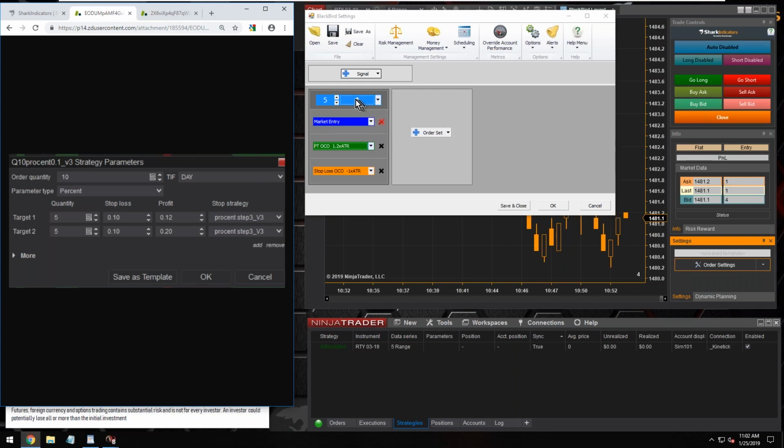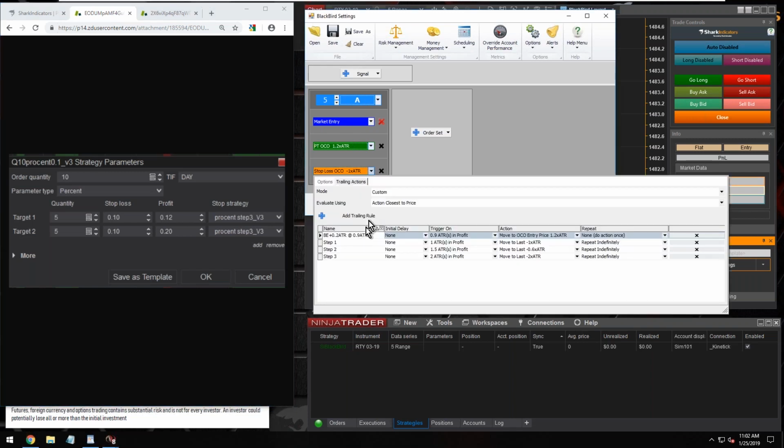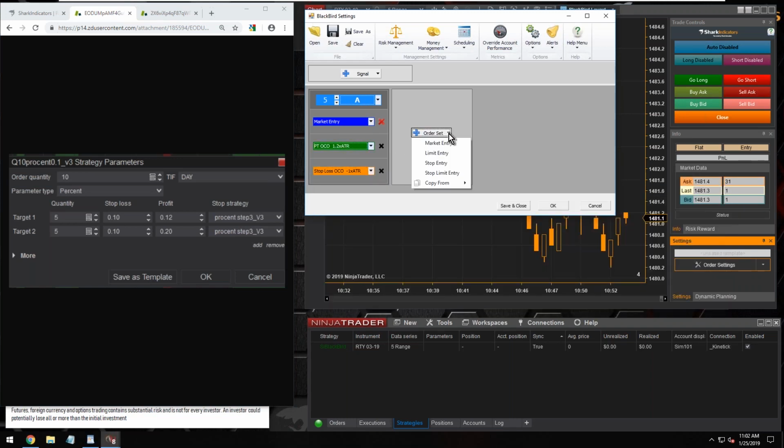You set up the first order set all the way, including any stop loss trailing rules. And once you have the first one set up, then for the second profit target or the second order set, you just simply copy the first one, right? You just copy it.